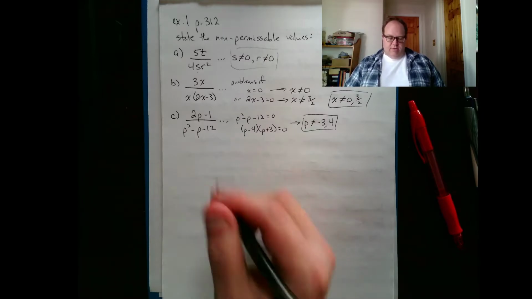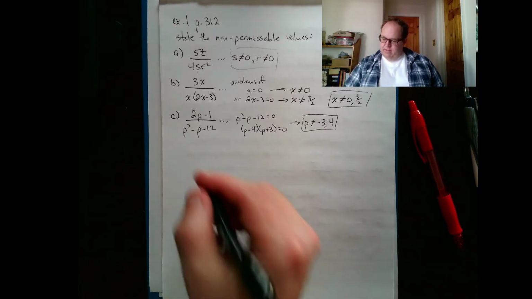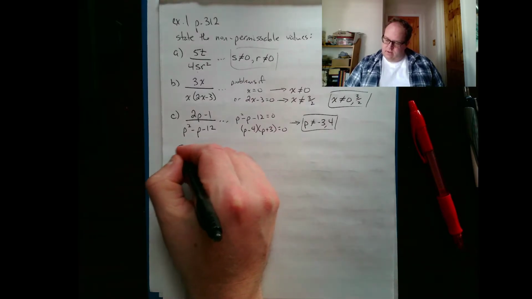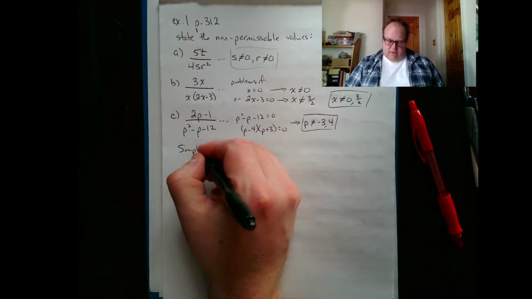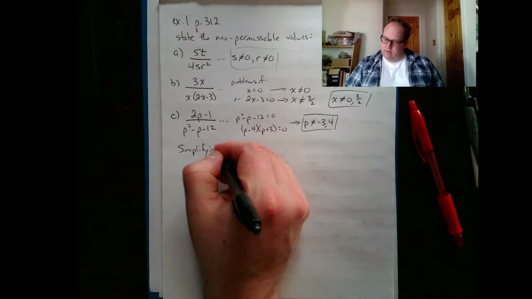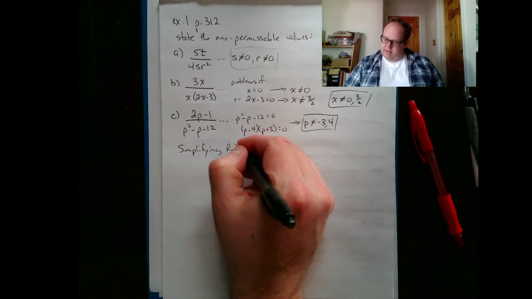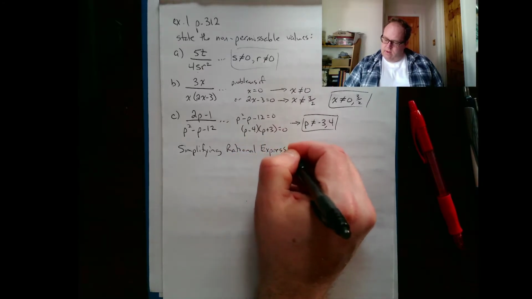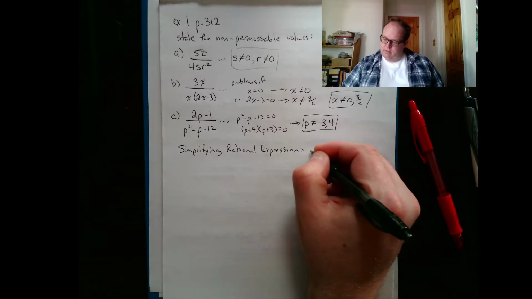Alright, our next little bit is going to be about simplifying rational expressions and equivalent rational expressions. So I'm going to cram them together and call it simplifying rational expressions into equivalent statements.